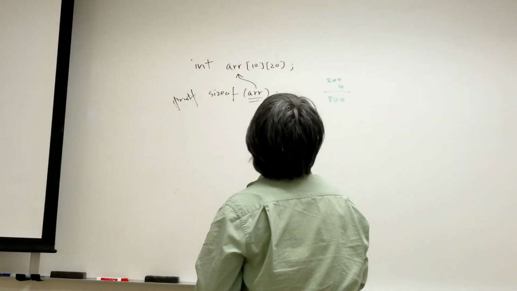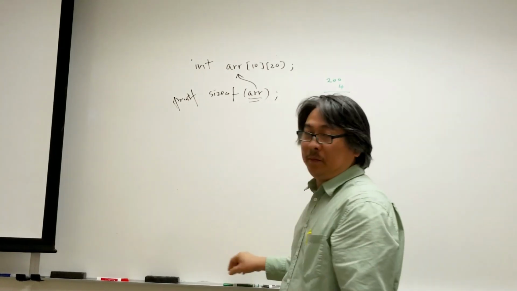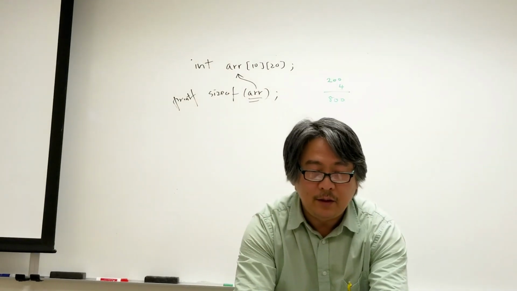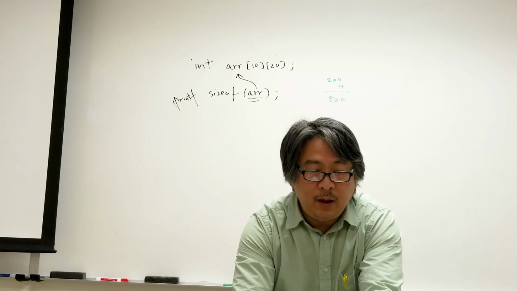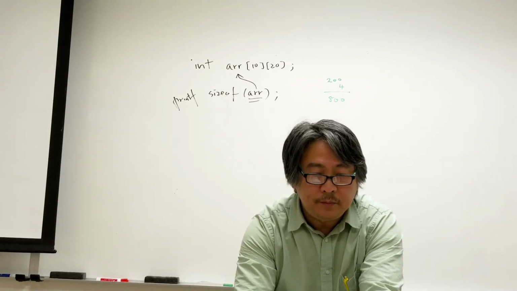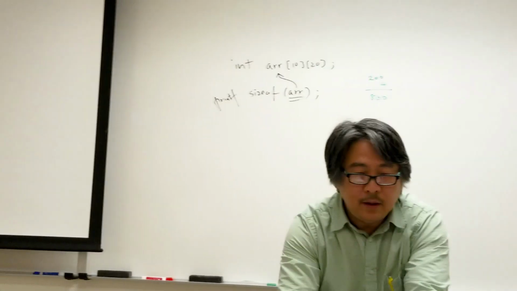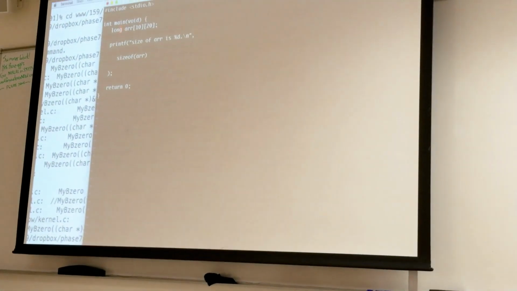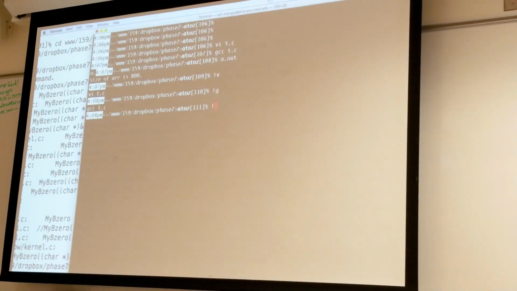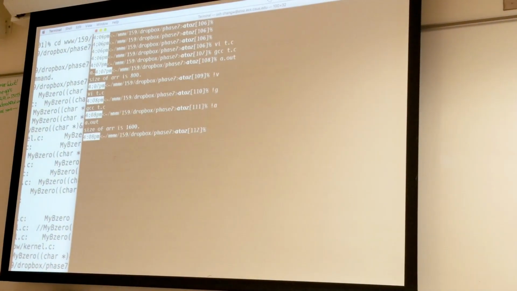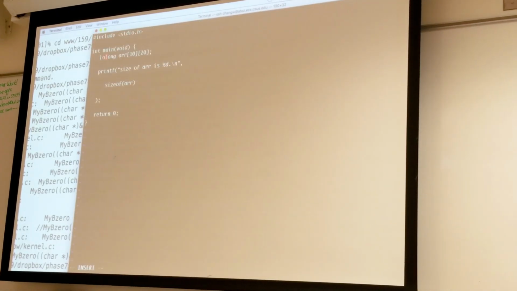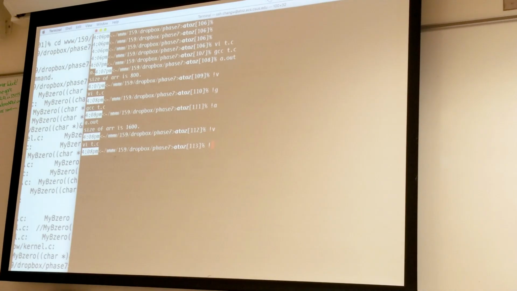So that's integer. What about long? 1600, because it's 32-bit for integer. How about long?